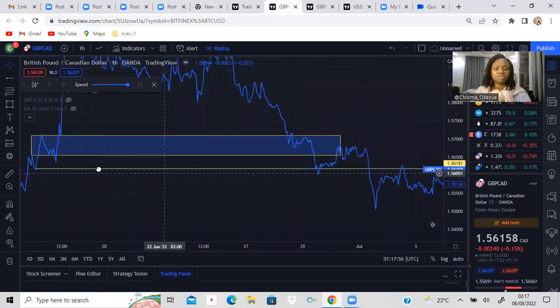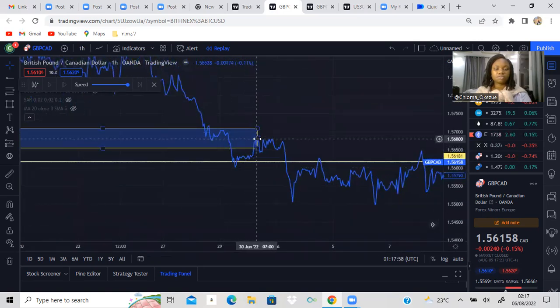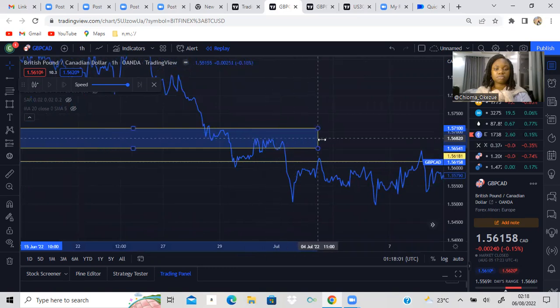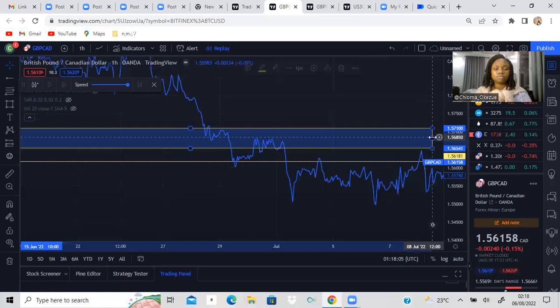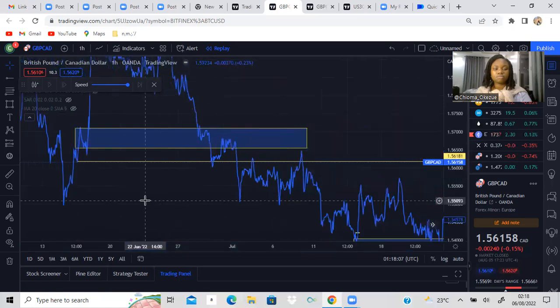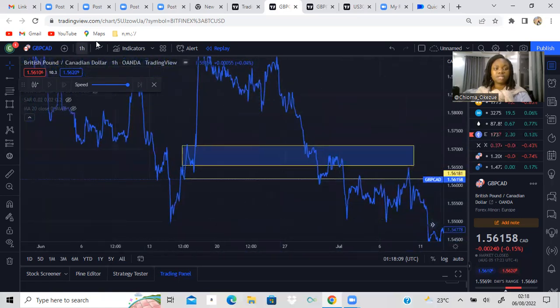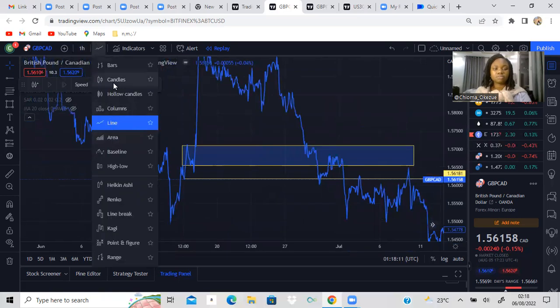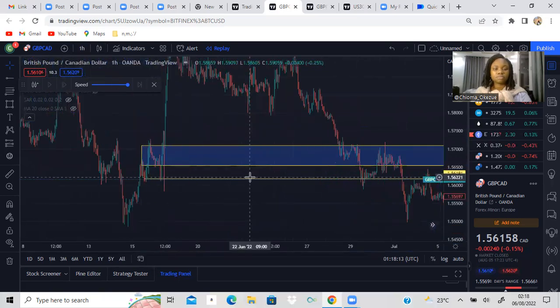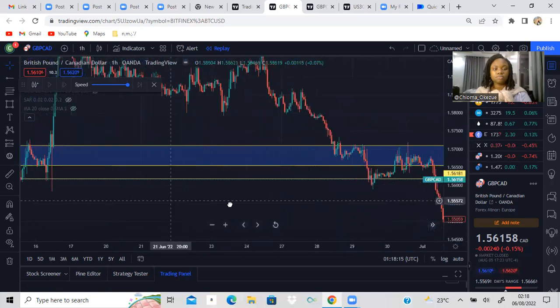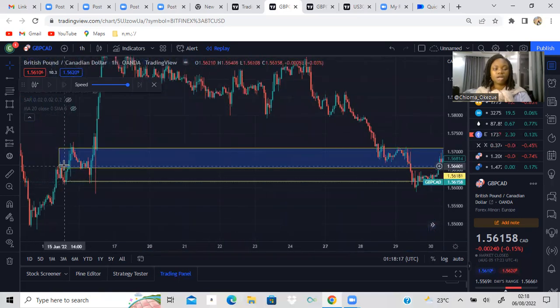Pull the rectangle all the way. Are you seeing this magic, ladies and gentlemen? Change it back to candles. So this is where we drew our lower high and our higher high, right?